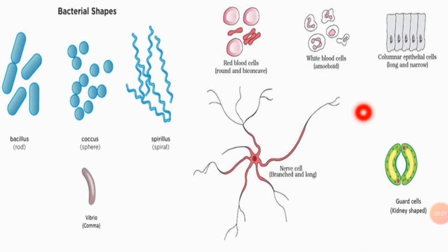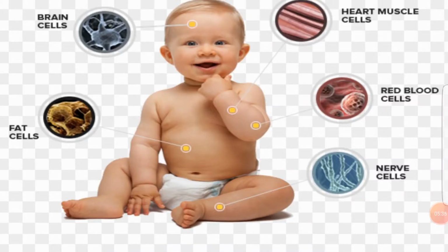Other examples of cells are here: red blood cells, white blood cells, epithelial cells, nerve cells, and guard cells. These different examples of cells are specialized to perform their specific task. They are specialized for their specific functions.